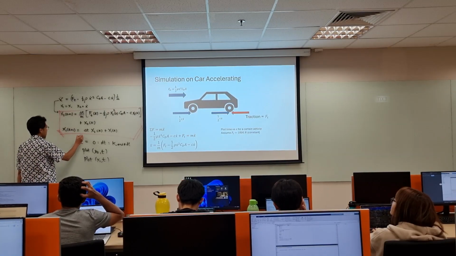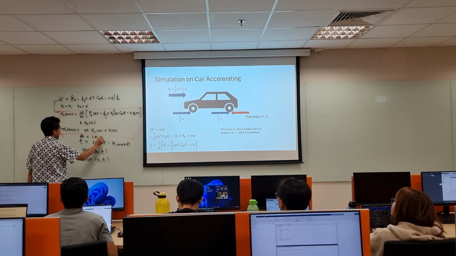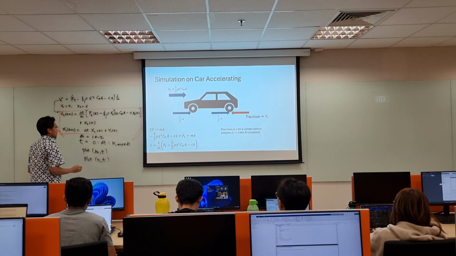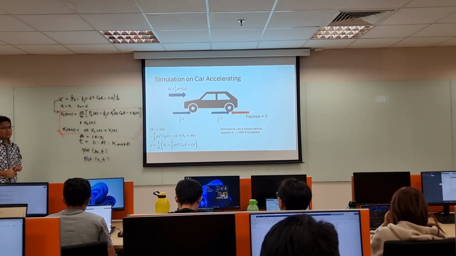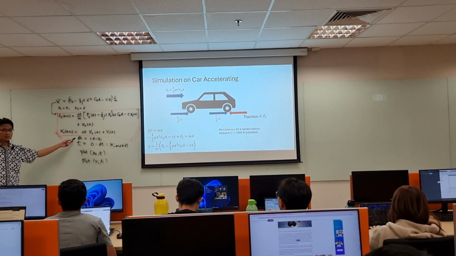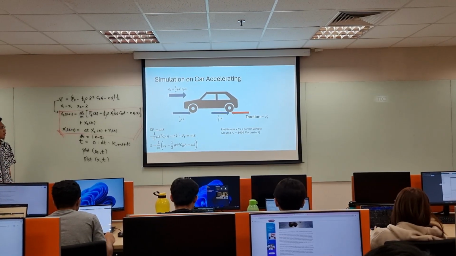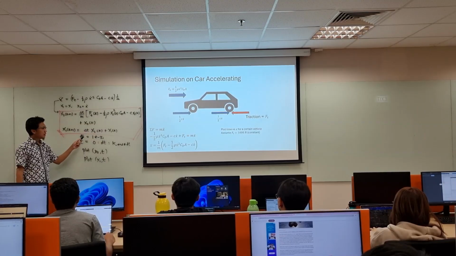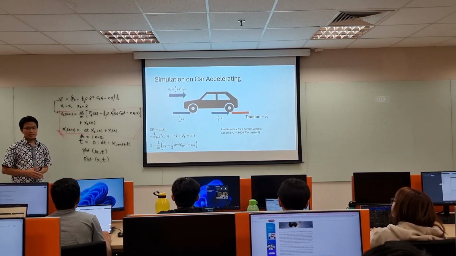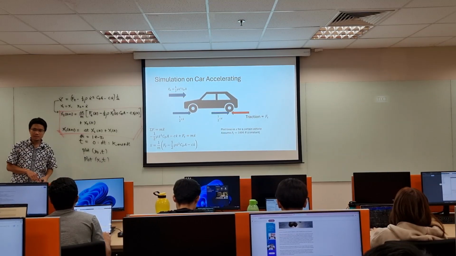So you put dt on the top, let's say 1e-3. What is dt here? Time increment. In the Euler method, the dt is the integration time step.